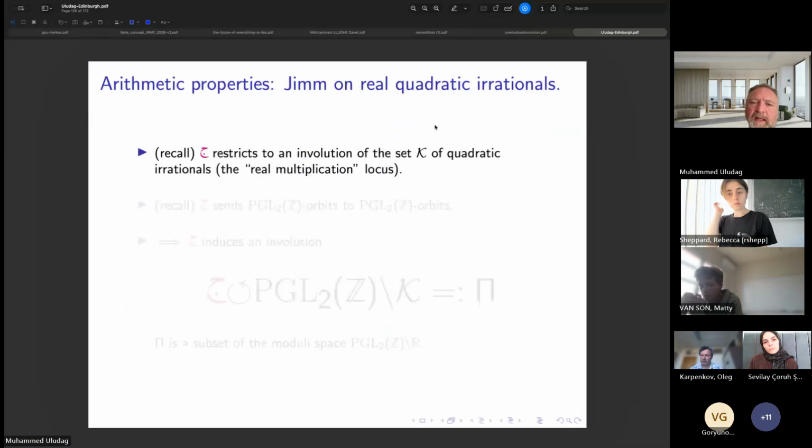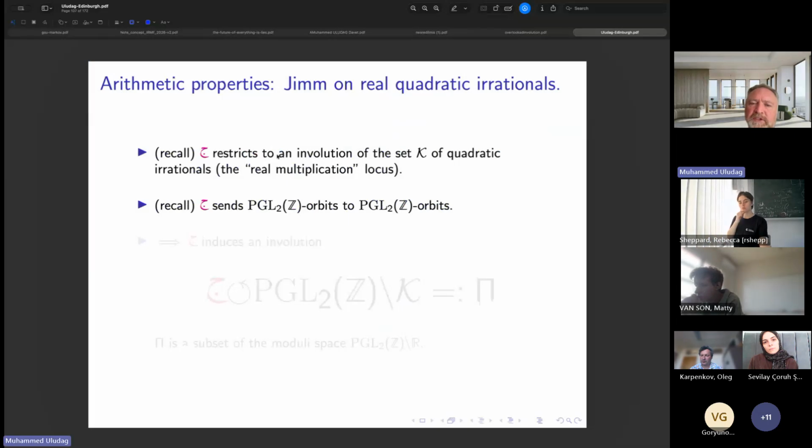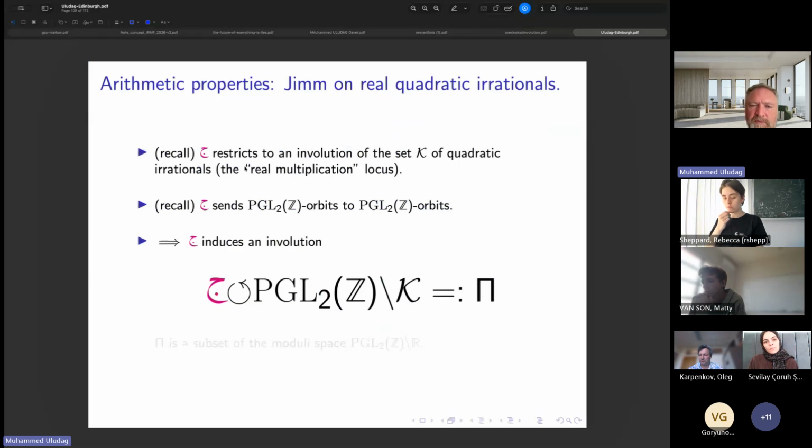So recall that Jimm restricts to an involution of the set of quadratic irrationals, which one may call the real multiplication locus. And it sends PGL2Z orbits to PGL2Z orbits. These two facts show that, in fact, Jimm induces an involution of the set K divided by PGL2Z. Let us denote this by pi.